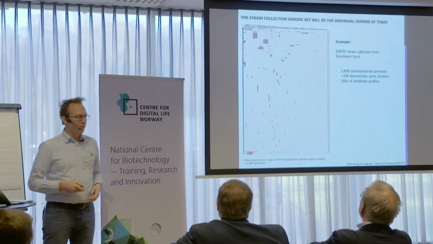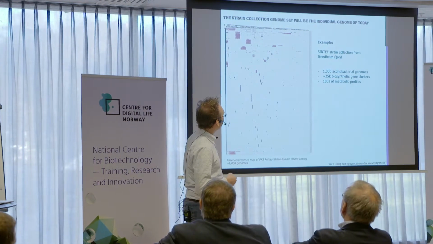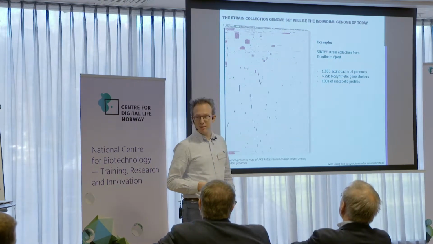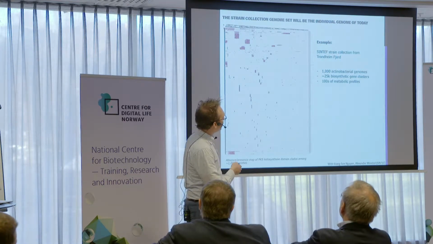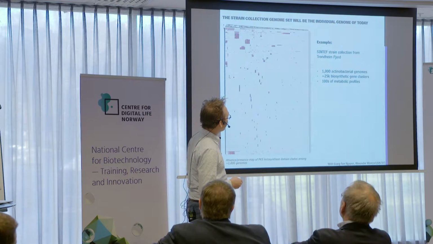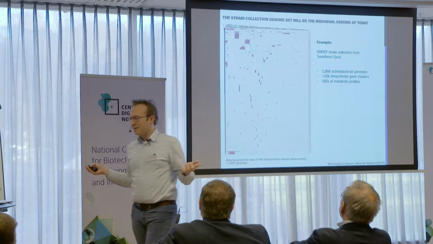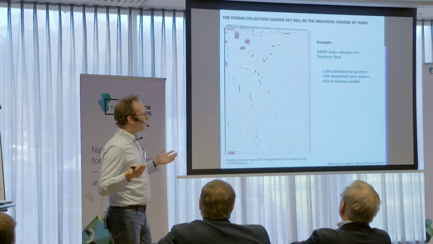So for example, with Alexander and Jan Song from Syntef, we yesterday had a project meeting with their project in which we're looking at, well, here it says 1,000, but now with some additions it's now even more than 1,200 actinobacterial genomes. We're talking about more than 25,000 biosynthetic gene clusters.